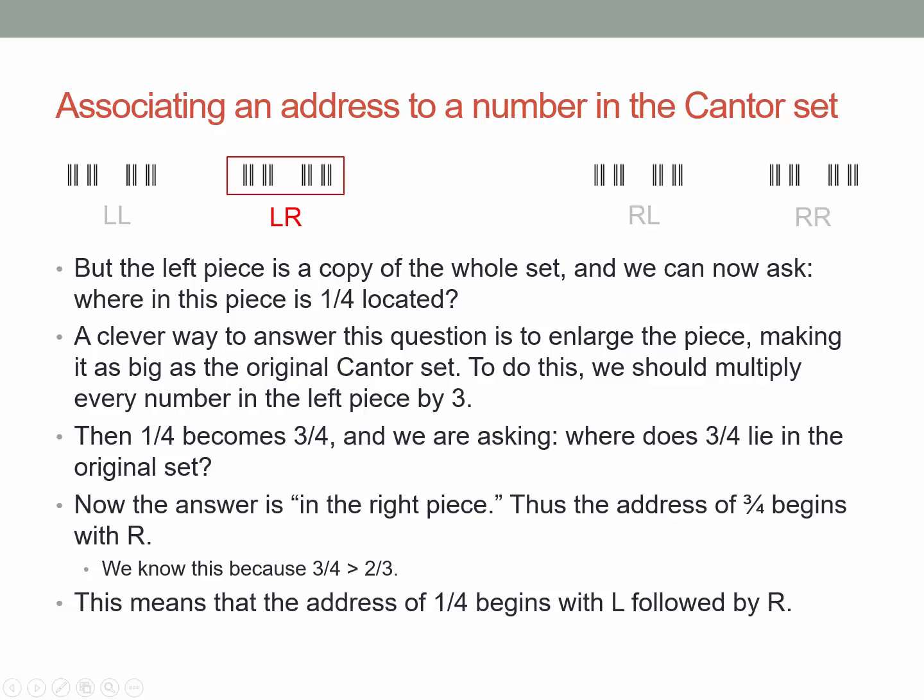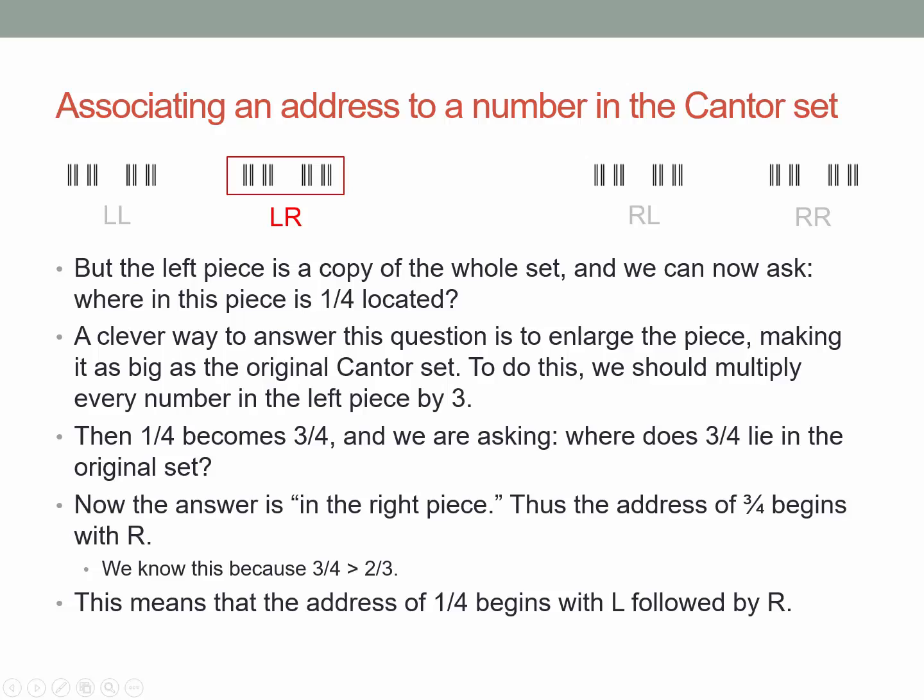But the left piece of the Cantor set is a copy of the whole set, and we can now ask, where in this piece is 1/4 located? We want to get a bit more precise, not just to say it's in the left piece, but where in the left piece. You see, the left piece itself falls into two pieces, a left piece and a right piece, both of which are pieces of the big left piece.